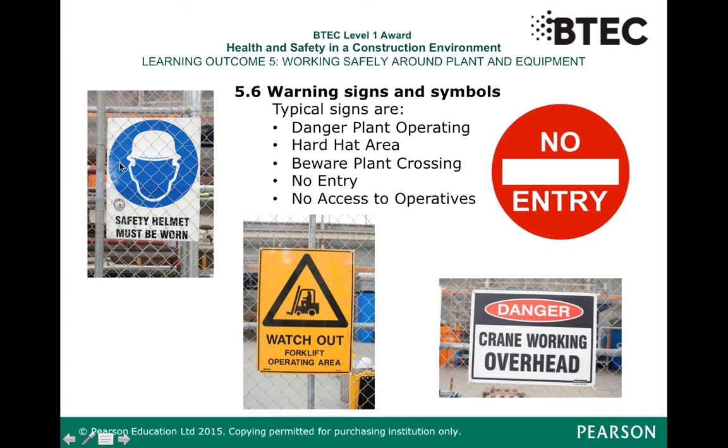You can see the hard hat area. I've seen these on quite a lot, in fact on all the construction sites I've gone to. That means you must wear a safety helmet or your hard hat. And then you've got this one over here, danger, crane working overhead. Obviously you have to be very careful.